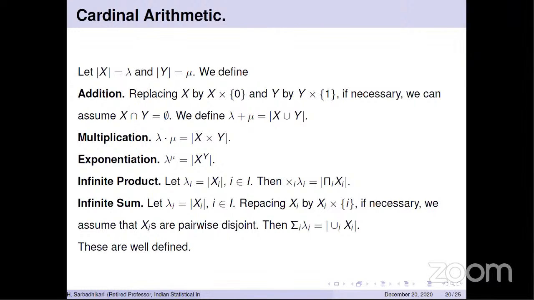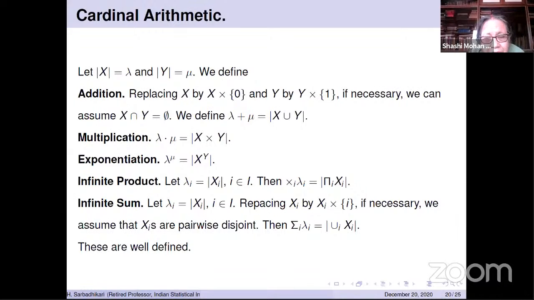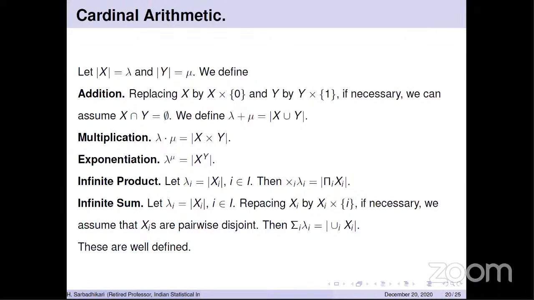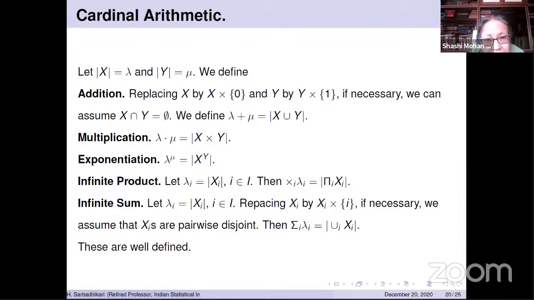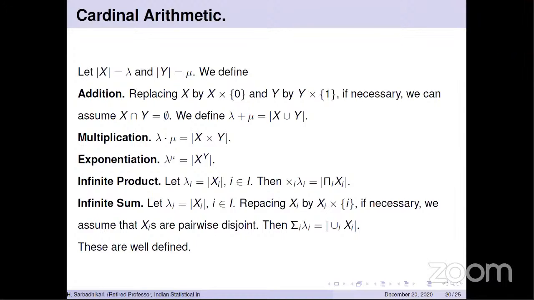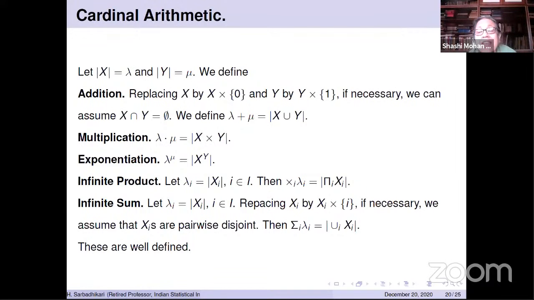Ma'am, here we have taken, if necessary, we can assume X intersection Y is empty. If it is not the case, like X intersection Y is non-empty, then you take two disjoint sets with the same cardinalities. Suppose X intersection Y was not empty to begin with.